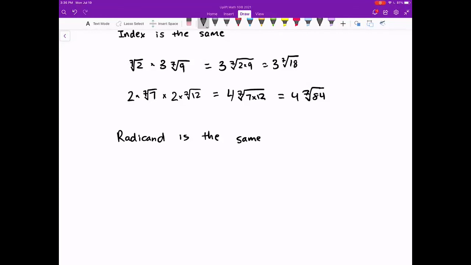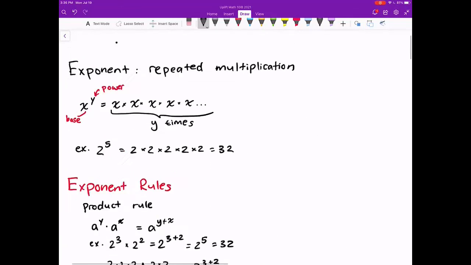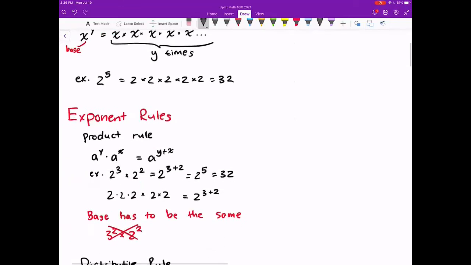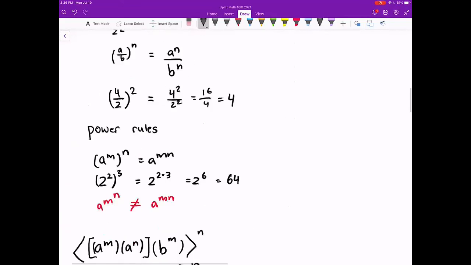For this one, we won't be giving any examples because it's just the same as the product rule. In this case, we have two equal radicands, or in this case base, and two different indexes, or in this case exponents. So we could just convert it into an exponent and then use the product rule to solve.